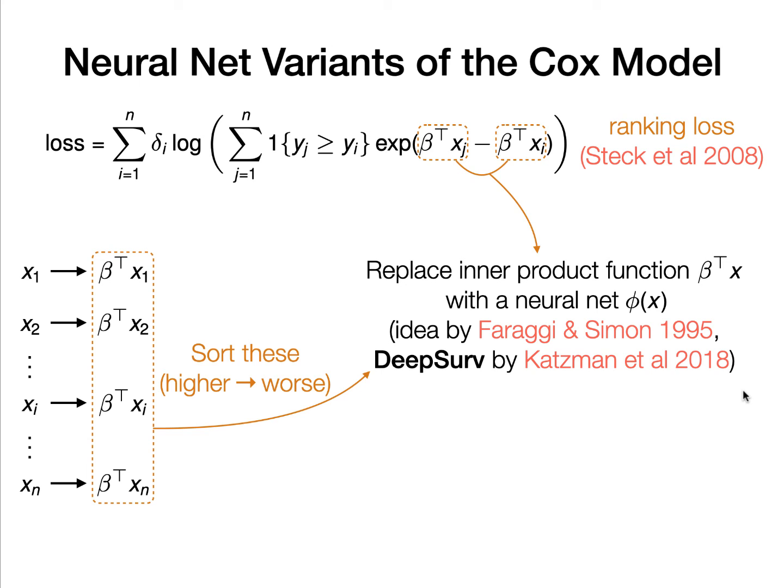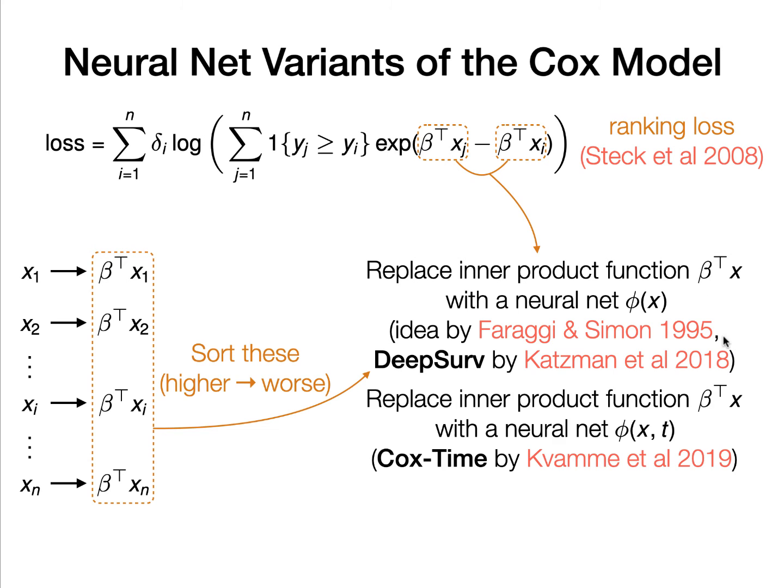Something else you can do, of course, is replace beta transpose x with a neural net phi of x and the observed time for each data point. Basically, this will give you some sort of time dependence, and as a result, this is referred to as the Cox time model. For DeepSurv, for Cox time, and also for the standard Cox model, this loss function can be expensive to compute if the number of training data points n is very big.